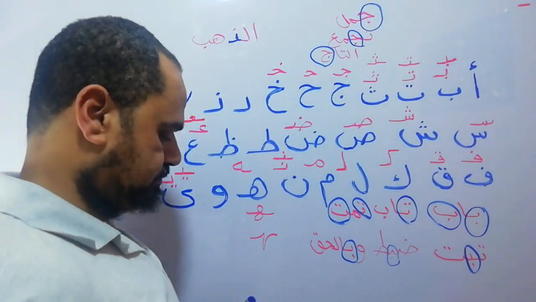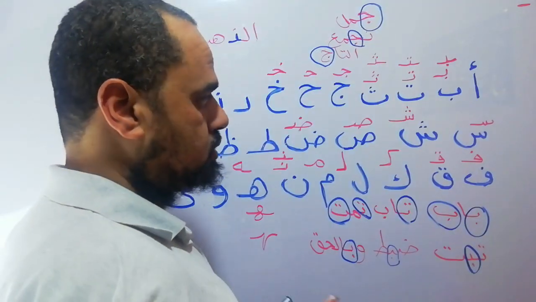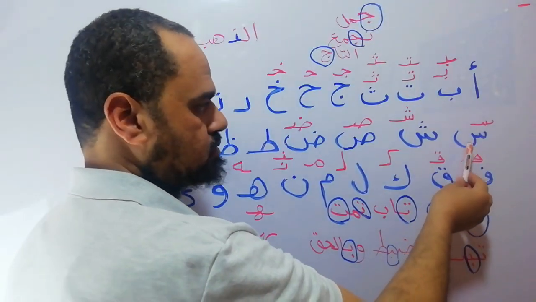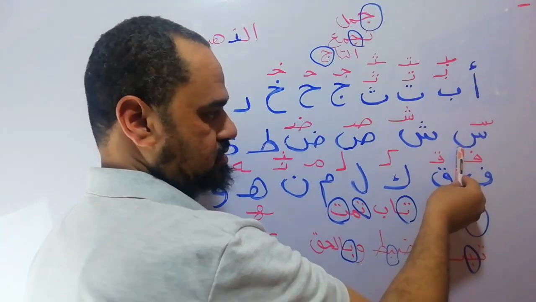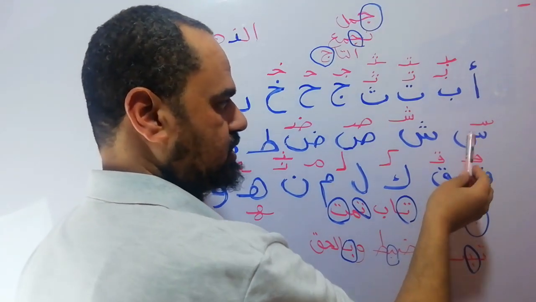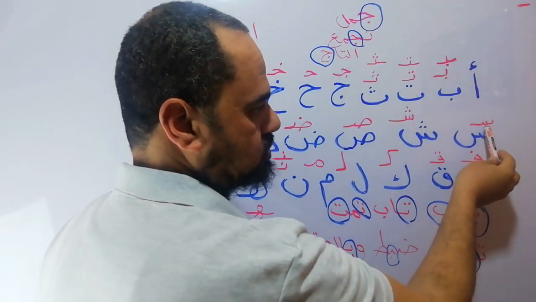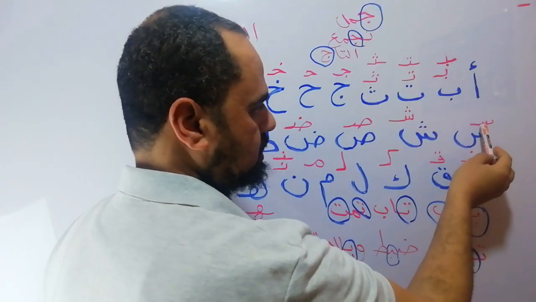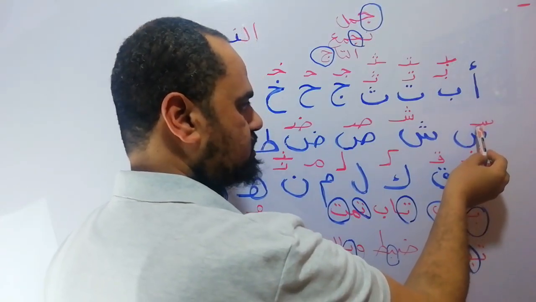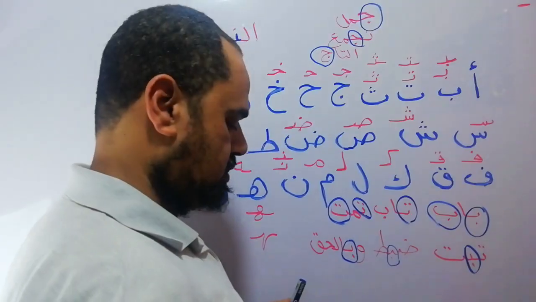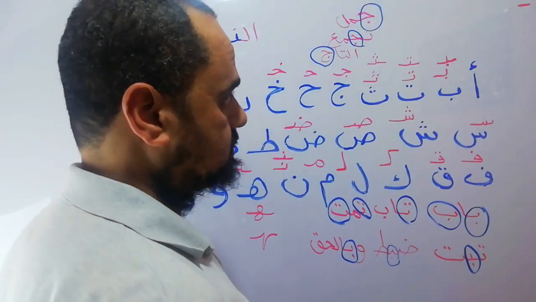Let's continue. The letter of سين, the letter of سين, that would be its shape. Okay, let's take an example.